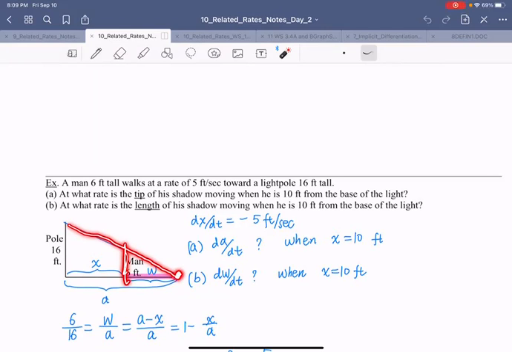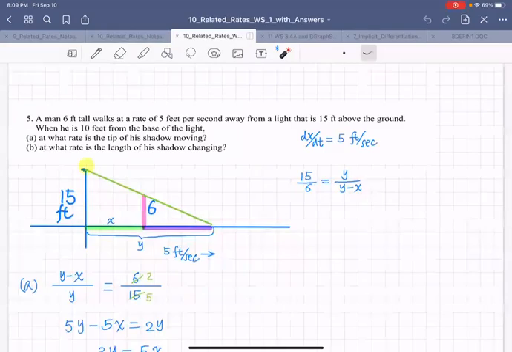So if they ask you the rate of the tip of the shadow, basically this whole thing is relative rates. They always give you this guy, dx over dt, okay? But the question can change. Students, when we learn something, we want to truly understand.